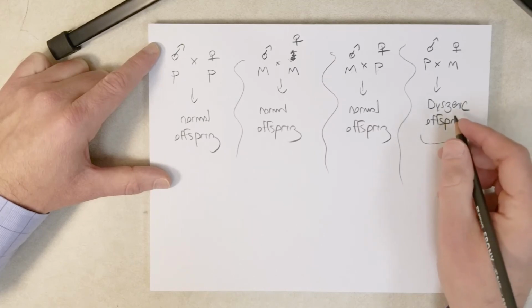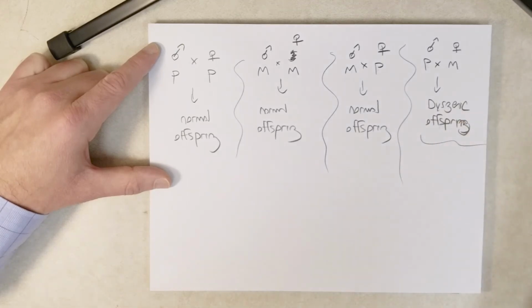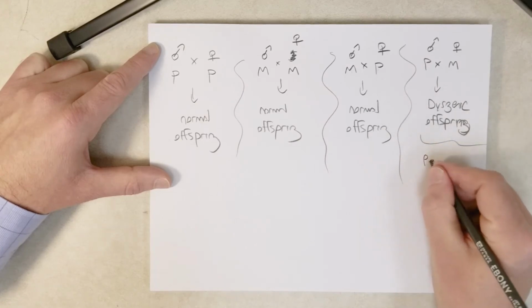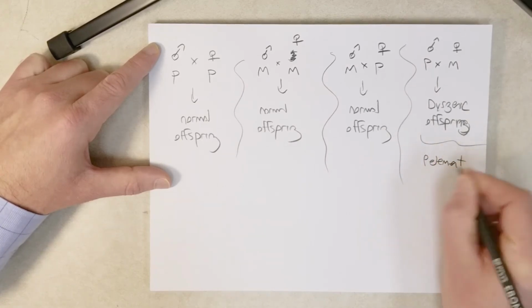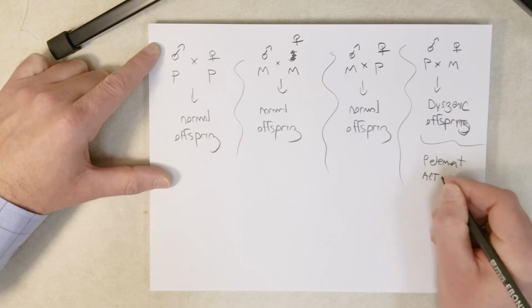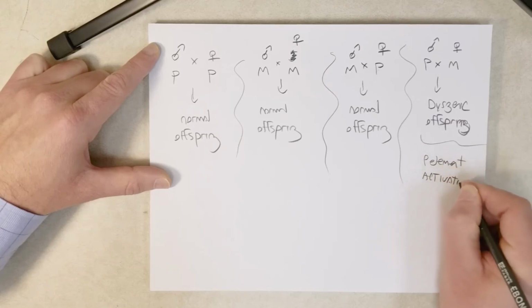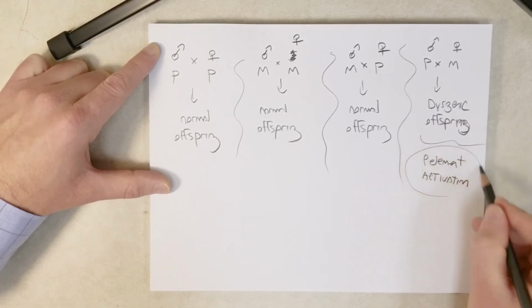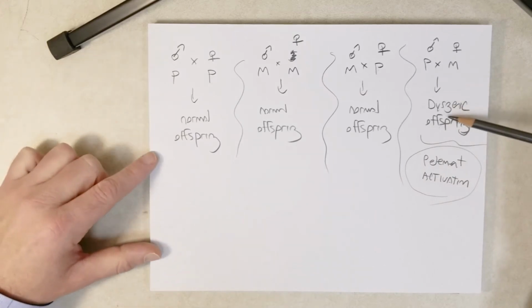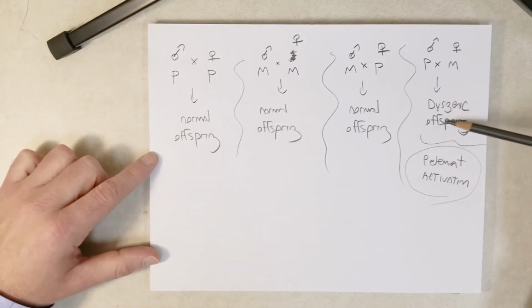After many years of research, scientists figured out that it's P element activation. P element activation occurs in the germline tissue of the dysgenic offspring from this cross.